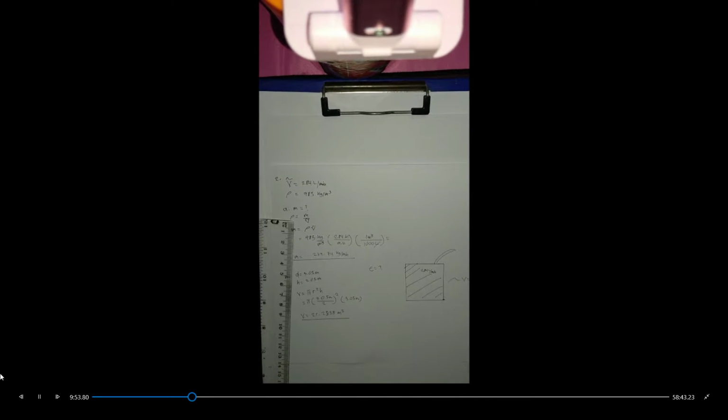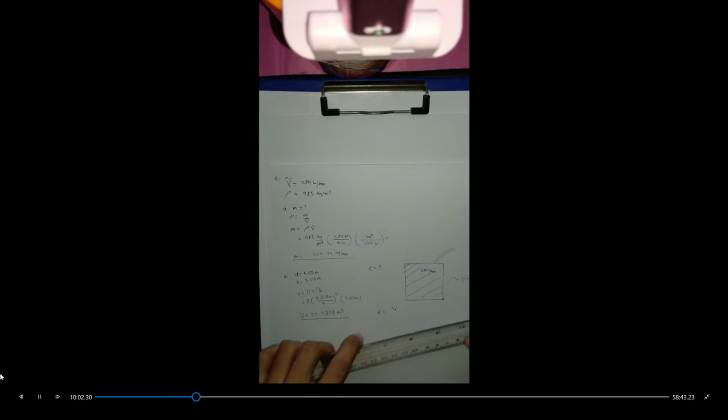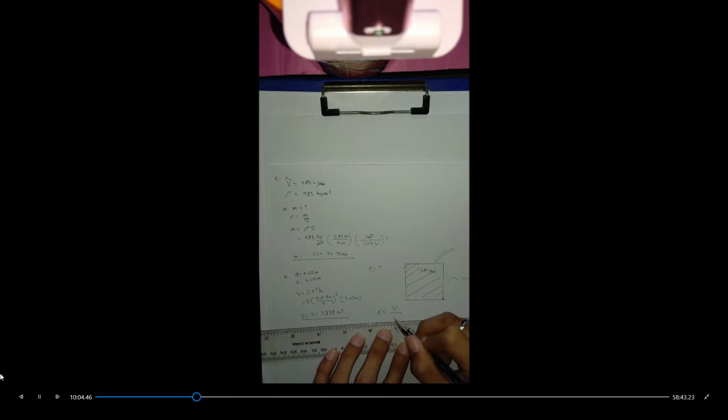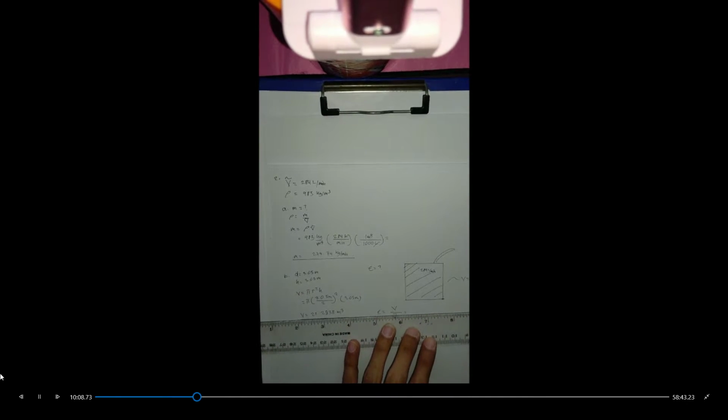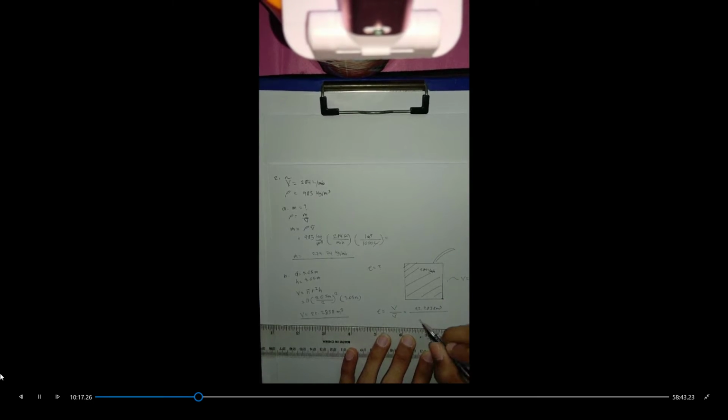So how will we be able to come up with the unit of time? By using dimensional analysis and analyzing the units, time would then be given as volume divided by the volume flow rate. So by substituting the values, we would have 22.2838 meter cube divided by 284 liters per minute.